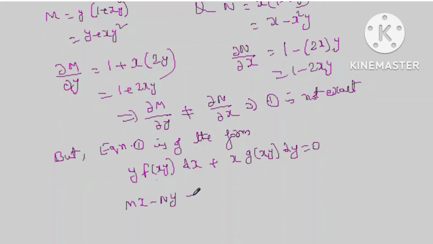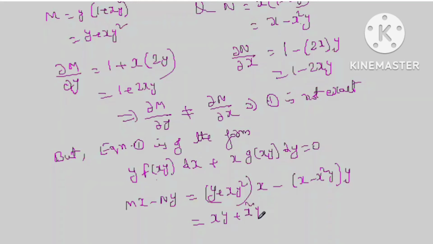So what is Mx minus Ny? M is y plus xy square, so y plus xy square into x, minus, what is N? x minus x square y, into y. So this is equal to xy plus x square y square minus xy plus x square y square.